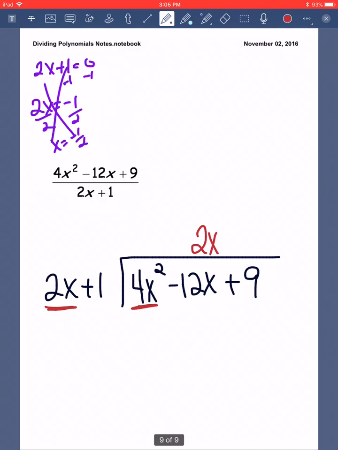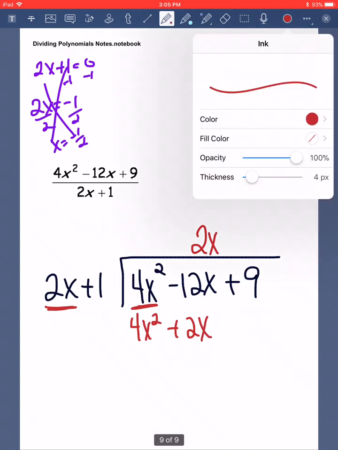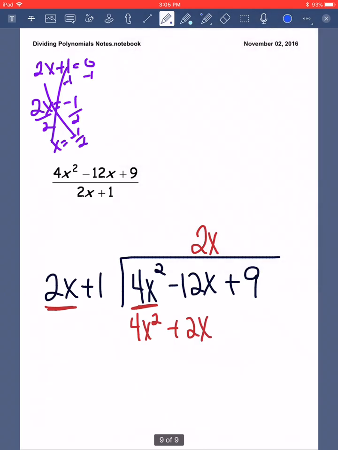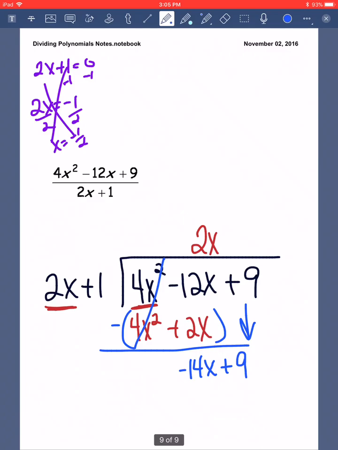And now I need to multiply that back out. So 2x times 2x is 4x squared. And 2x times 1 is positive 2x. We subtract the entire second line. So 4x squared minus 4x squared is 0. Negative 12x minus 2x is negative 14x. And bring your next term down. So I have negative 14x plus 9.